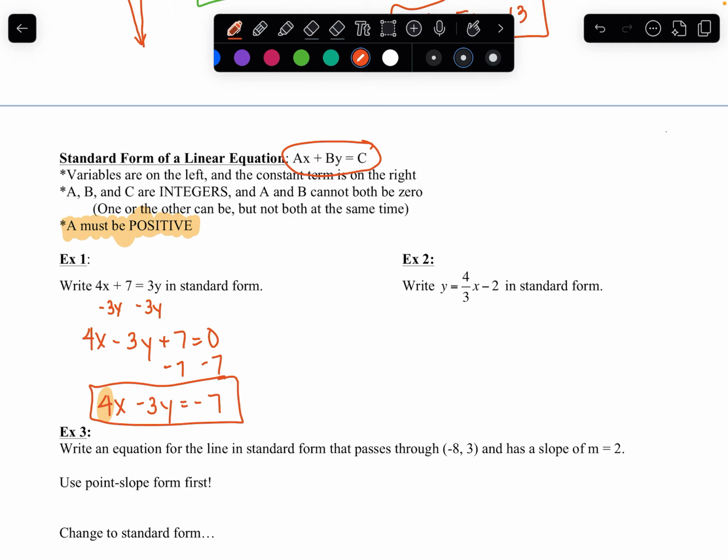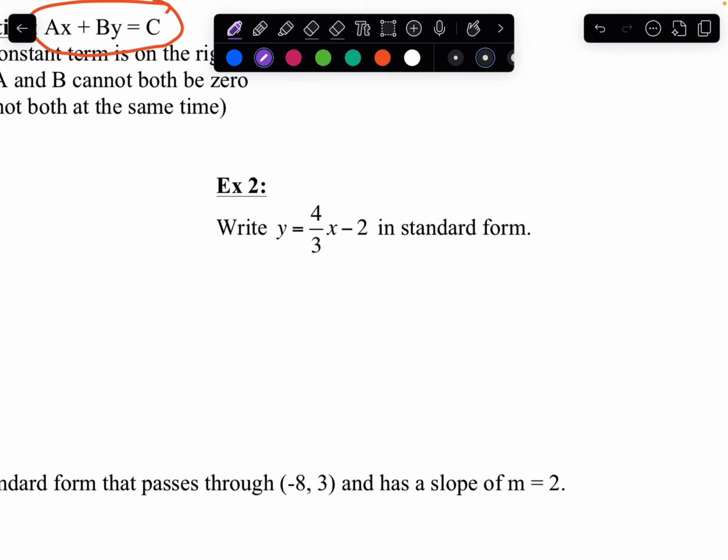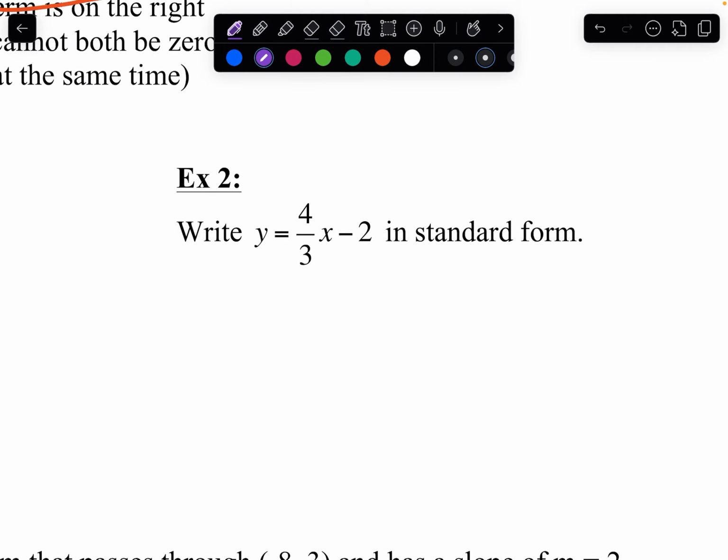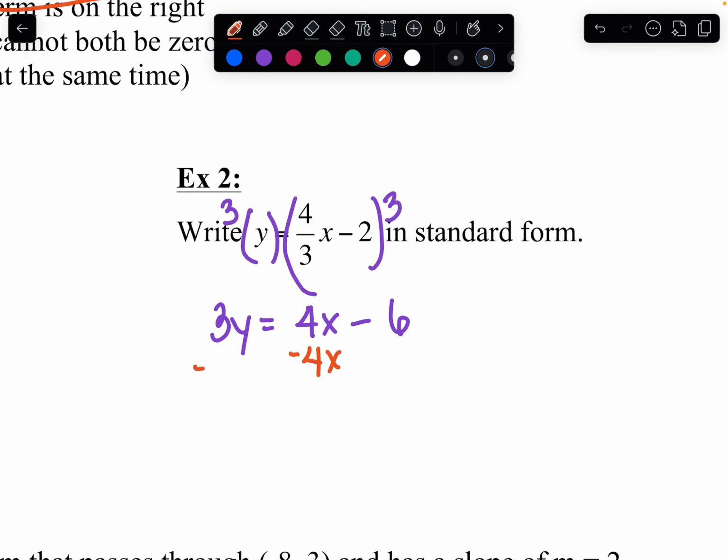Okay, let's look at our next problem. Example 2. So we have a fraction, so let's clear out that fraction. We're going to multiply everything by 3. So we get 3y equals 4x minus 6. And I'm going to subtract 4x from both sides. And again, I'm going to write it in standard form, that ax plus by equals c.